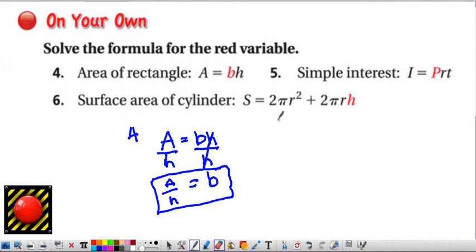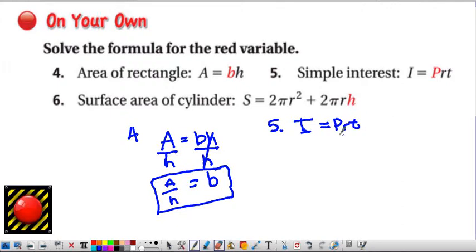That's number 4. Number 5, we have I equals PRT. That's principal times rate times time. That's our simple interest formula. They're asking us to solve for P, so we want P all by itself. Well, if you'll notice, they're multiplying by R and T. There's no other terms being added or subtracted to have to move over to the other side.